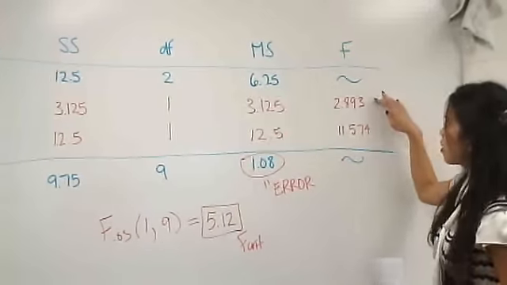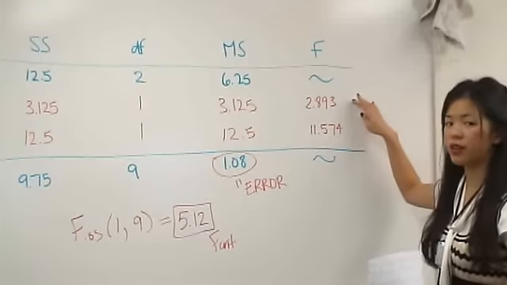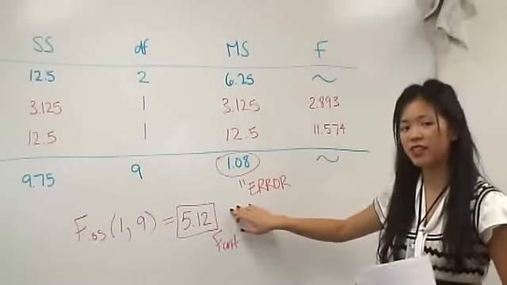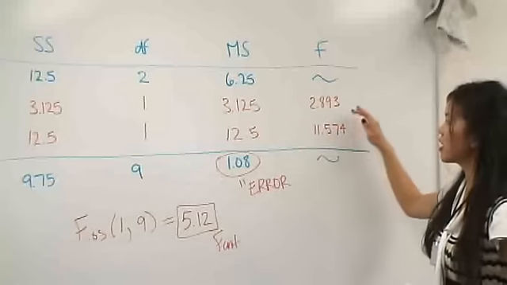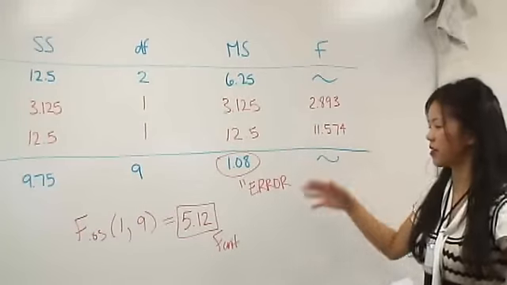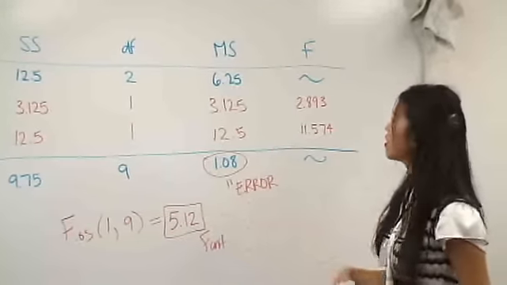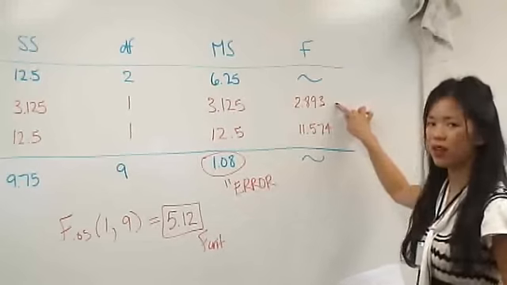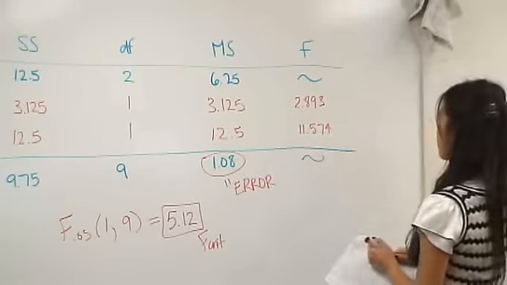Now remember, our obtained F values, which is also our F calculated values, always need to exceed this number. An easy way of remembering is that you did all this work to get these numbers, so you just want them to be bigger, whereas this number you're just getting from a table. So since this number is not larger than an F critical, this one is not significant at the 0.05 value.